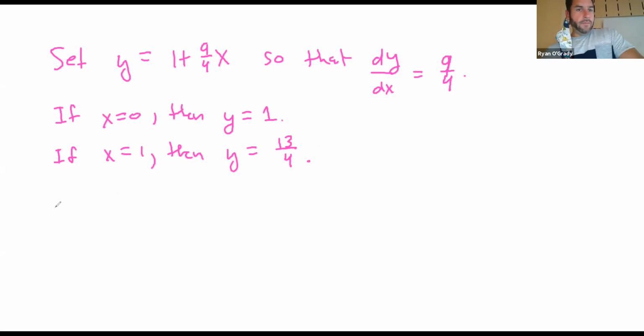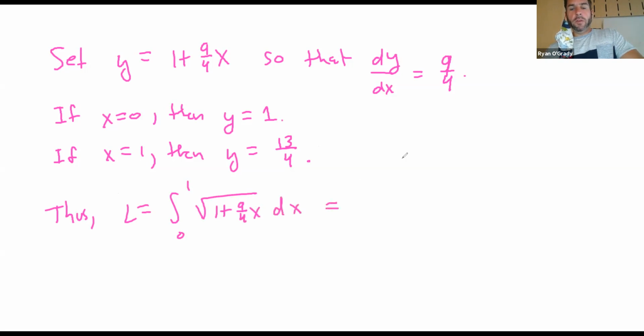And so what we have then is the length, which started like this, turns into the integral from 1 to 13 over 4 of the square root of y. And then what is our dx? Well, our dx, if we sub it in, is 4/9 dy.